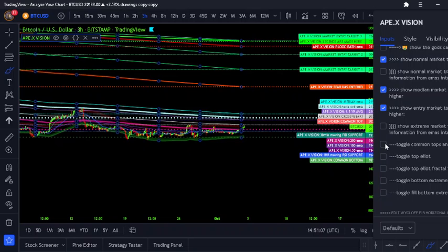Now what we're going to do is turn on the fills for the EMAs. I'm trying to make it as comprehensible as possible how to use the EMAs without actually using them.